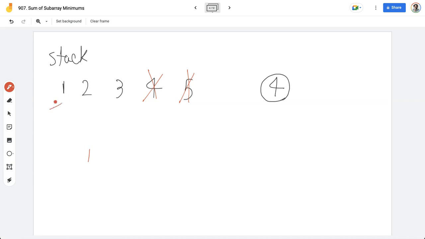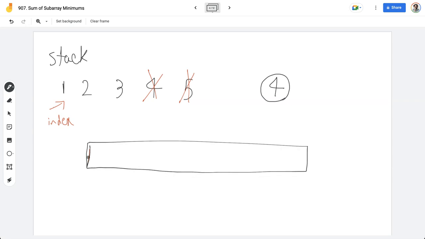These are the actual numbers. So when we are writing the code, we are going to work with index, not the numbers. So just for clarity, I have worked with the actual numbers. So let's say this is the array, and this is where 3 is residing, and this is where 4 is residing. Okay, and let's say the index of 3 is 10, and the index of 4 is 15.